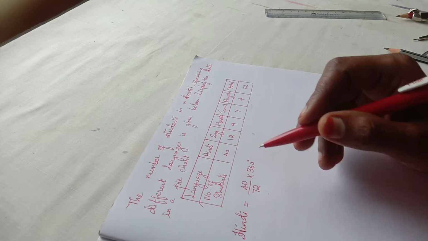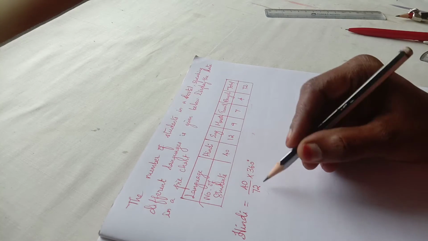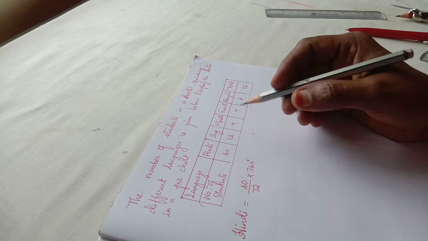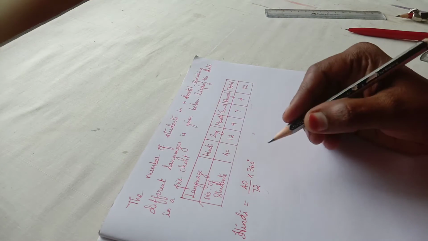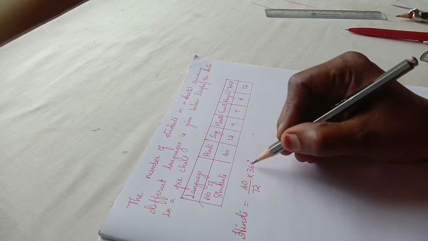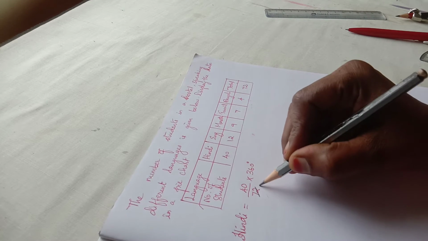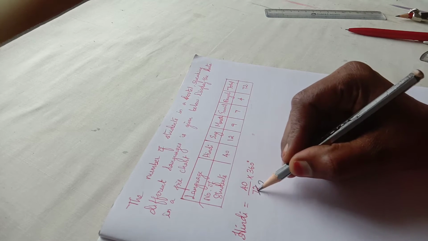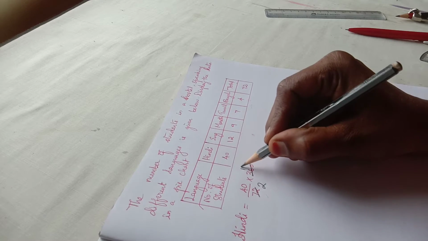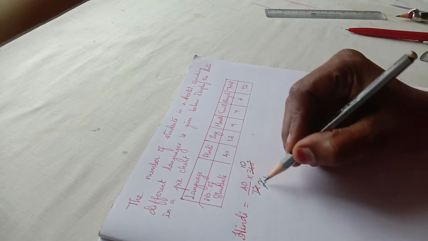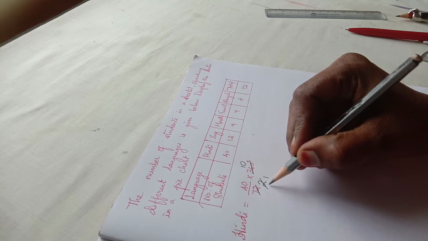Now we need to simplify this. So let's check whether the numerator and denominator have a common factor. Simplification can be done by different methods. Now if you simplify, both are divisible by 36. 2 times 36 is 72, and here 10 times. Again we can simplify both; 10 and 2 are divisible by 2.